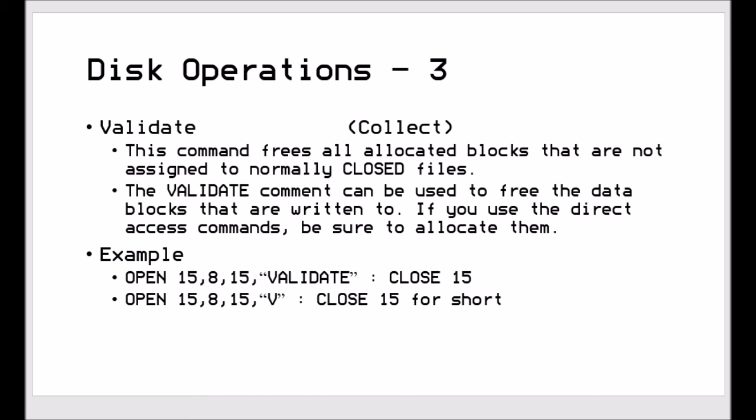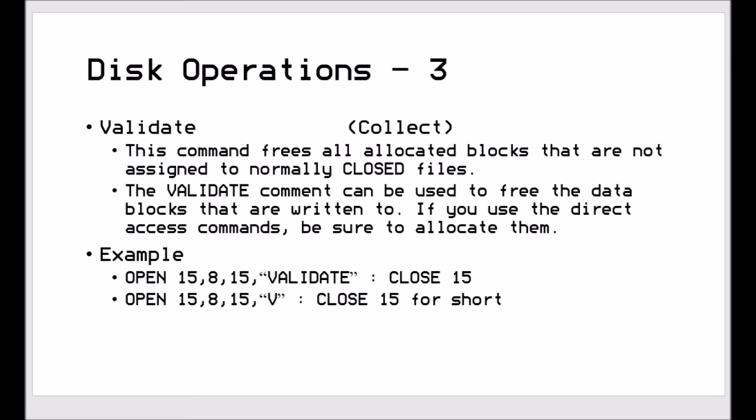Disk operation 3, well, this is validate, and we're going to call it collect, and it's like a defrag sort of in modern money. What it does is free up all allocated blocks that are not assigned to any normally closed file.